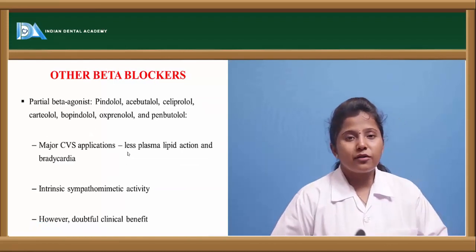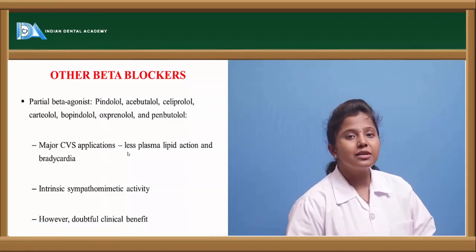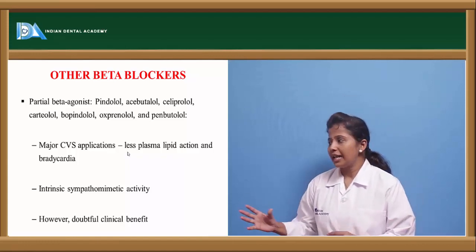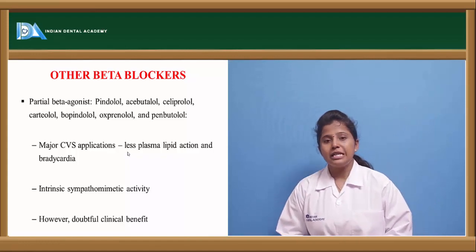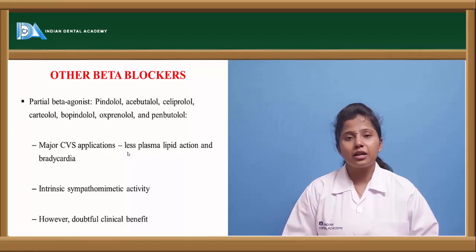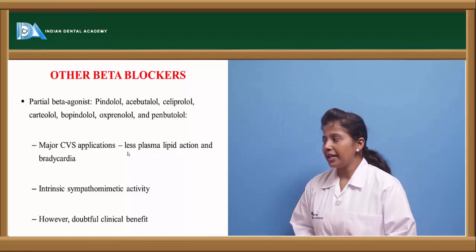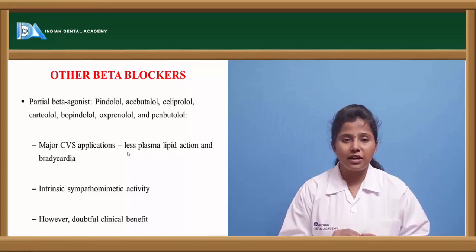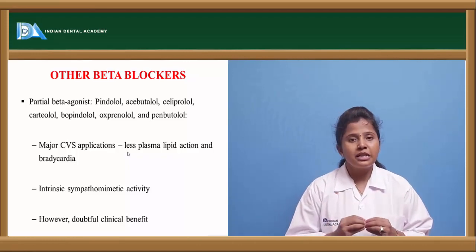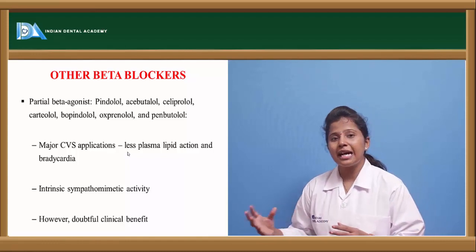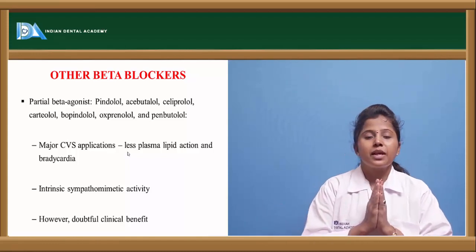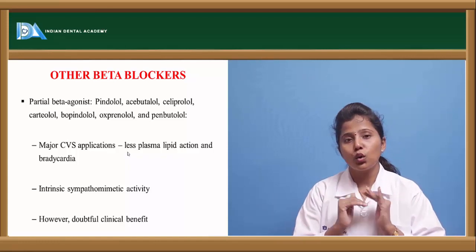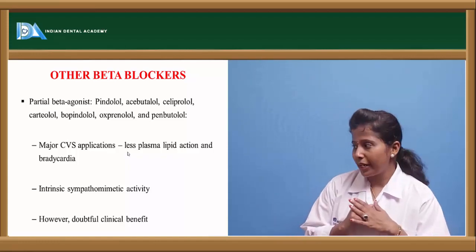Apart from these drugs, there are various other beta blockers also, like cartilol, bopindolol, oxprenolol and penbutolol. These are a few of the other beta receptor antagonists, and they have very few clinical applications. Most of these have clinical applications in the cardiovascular system, in order to lower the lipid levels as well as to show a bradycardia condition.